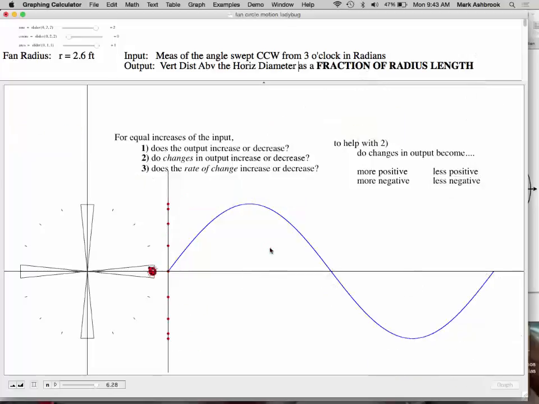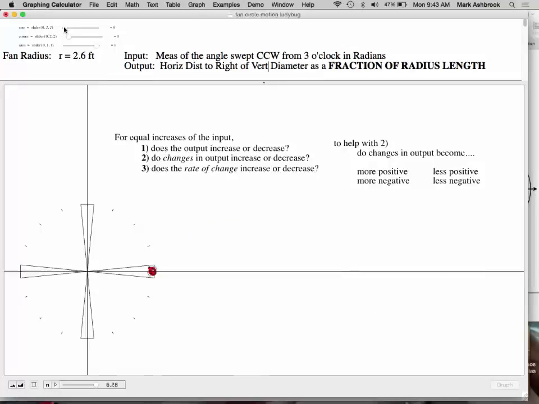Can I erase? So now I want to do horizontal distance to the right of the vertical diameter. Okay, you guys are going to do it. Ready? So you're going to ask these same questions.